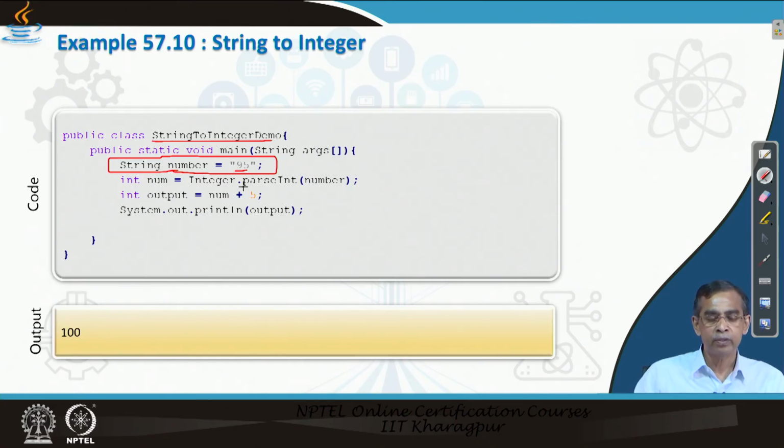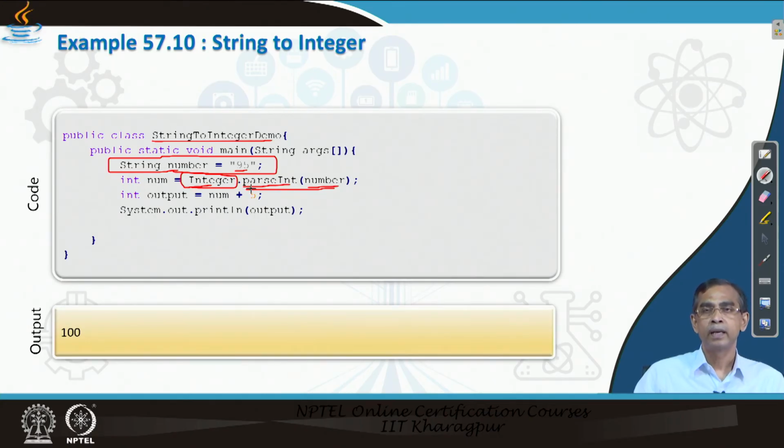Now here you see we call parseInt, passing this string number, and this parseInt method is actually defined in the Integer wrapper class. You know, there are many numeric wrapper classes, Integer, Float, where the first character is in capital letter.